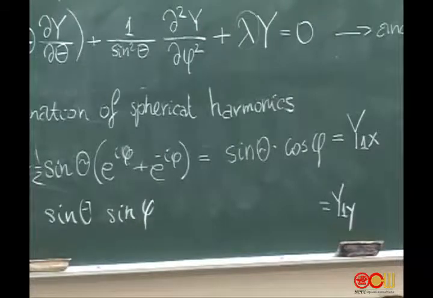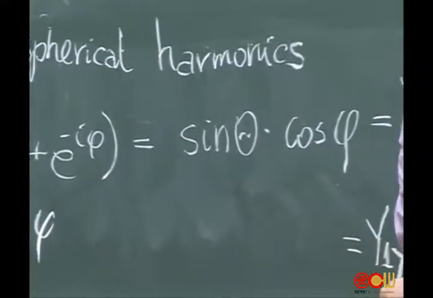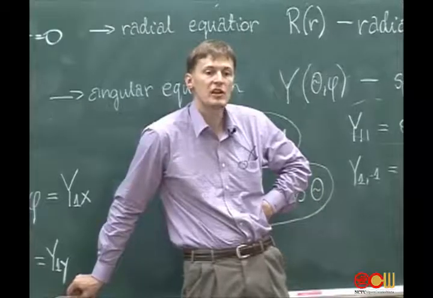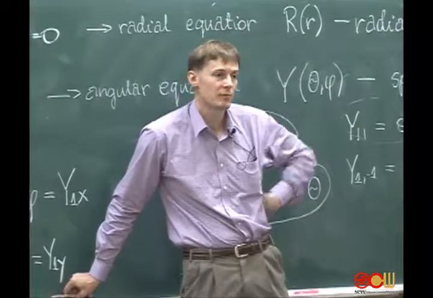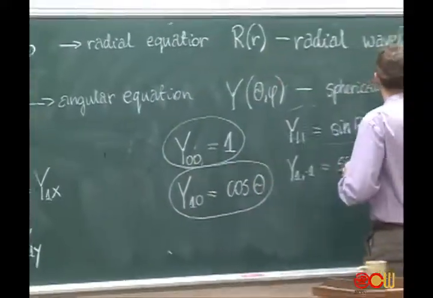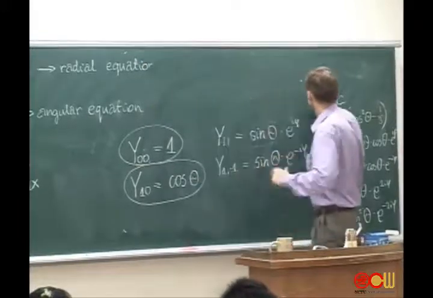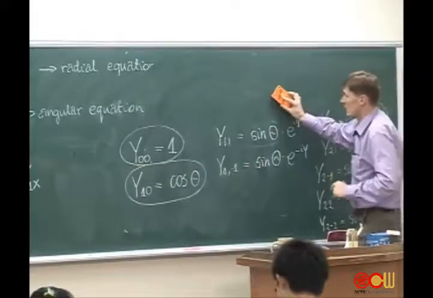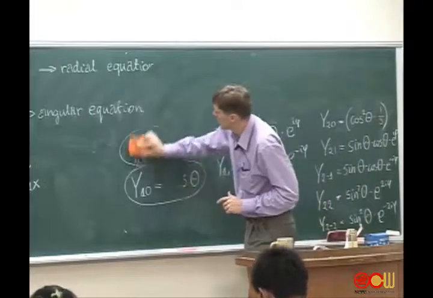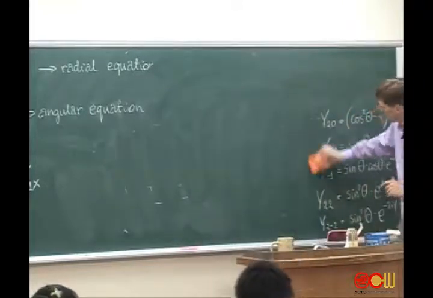You can ask me the following question. Okay, we wrote down 9 of them. Is there any general formula for any m l? Yes, there is. But when you see it, you will understand why I didn't want to write it. The general formulas, unfortunately, very often are not simple.